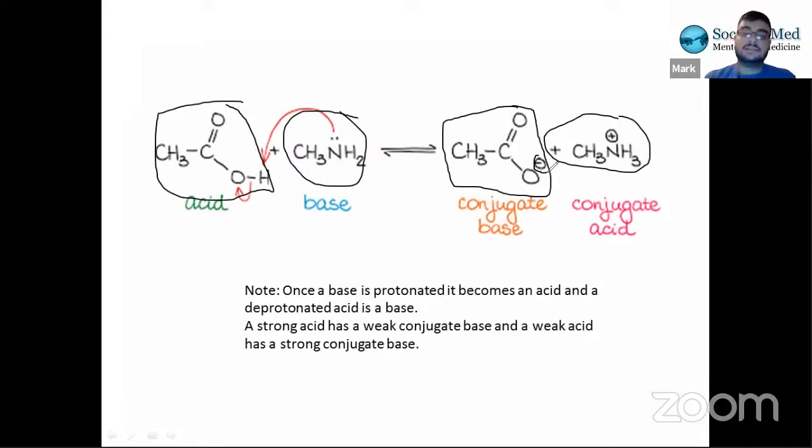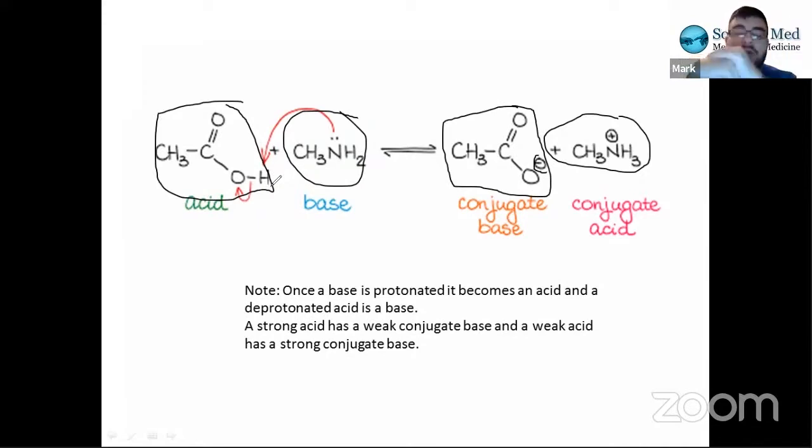A strong acid always has a weak conjugate base, and a weak acid always has a strong conjugate base, and the same applies in the other way. The reason this is: if you have a strong acid, say HCl or some strong acid, and it gives away its H plus, it very easily dissociates and gives away its H plus.